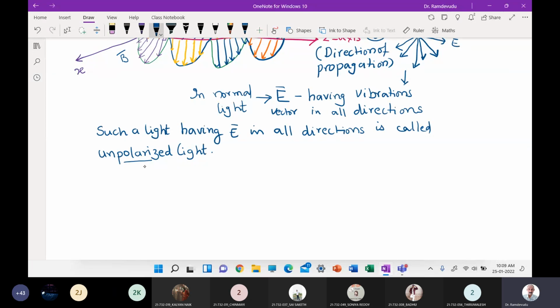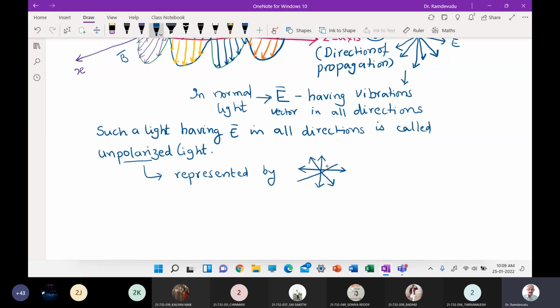So unpolarized light is generally represented in books by a star-like figure. This is the unpolarized light, and it is also vibrating in this direction, because you can find the light vector in any direction.